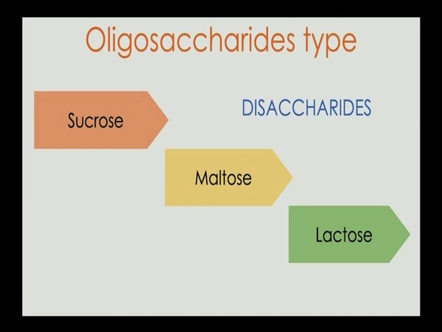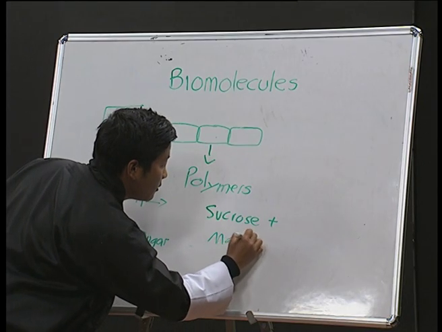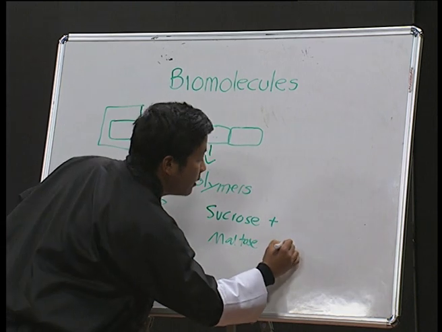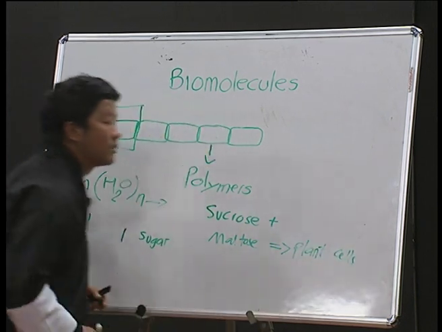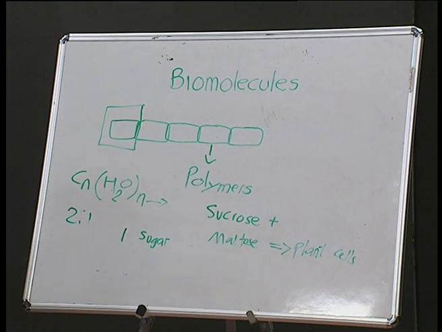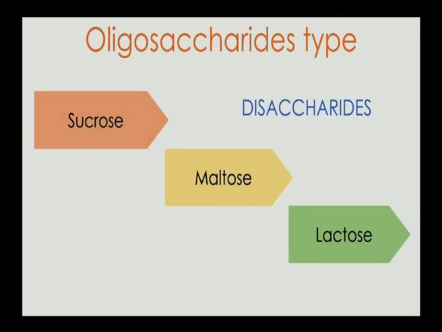Now, sucrose and maltose are found only in plant cells. On the other hand, lactose is found in animal cells, which is why it is also called milk sugar.